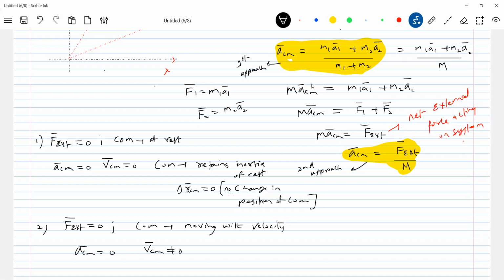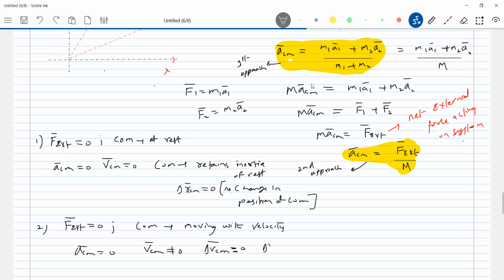No. Delta VCM will be 0. If net external force is 0 and the body has uniform velocity motion, it will continue its uniform velocity motion. Same thing with the center of mass also. VCM will be non-zero, delta VCM will be 0. Are you able to understand this?